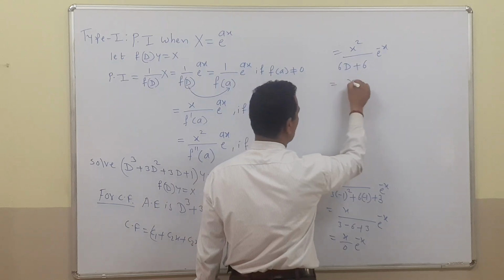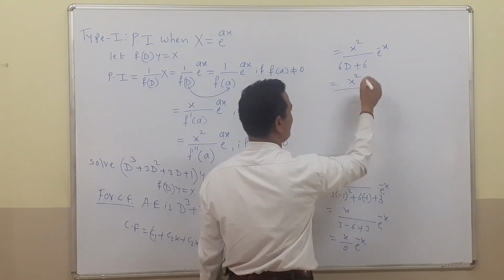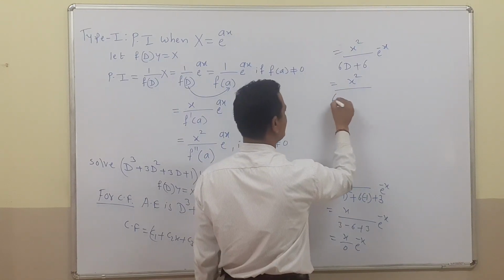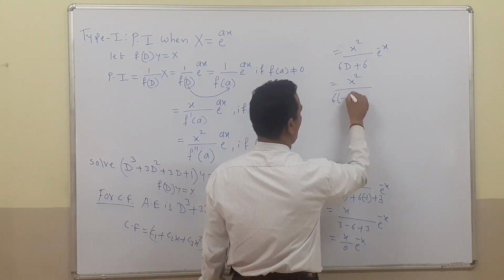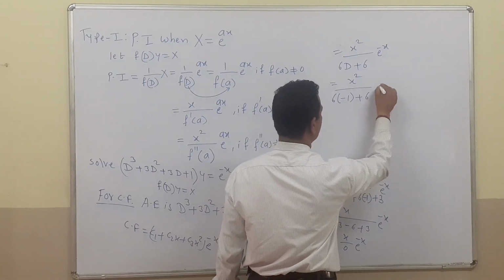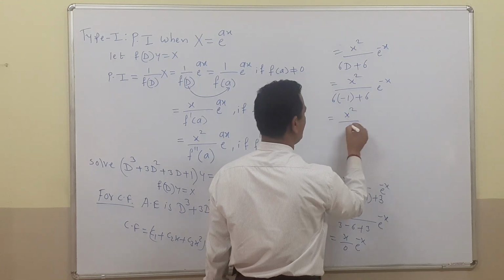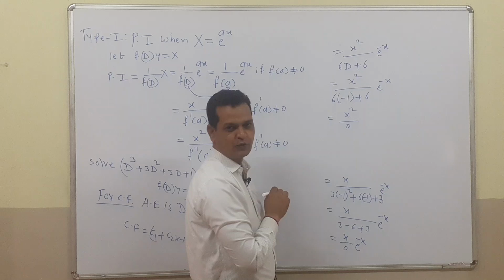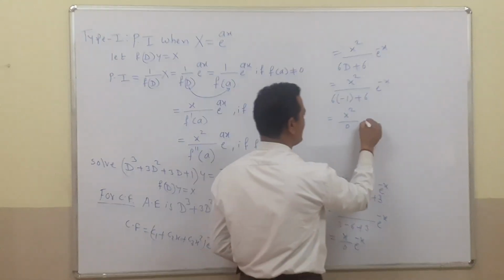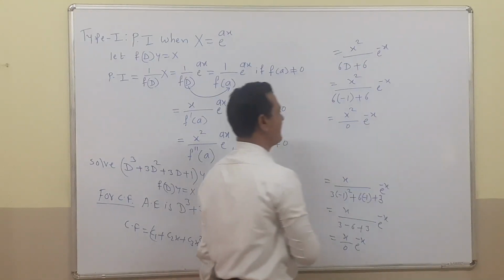So once again replace d by a, where a is minus 1, we get 6 into minus 1 plus 6, e raised to minus x. So this is x square upon, once again this term is 0, into e raised to minus x.